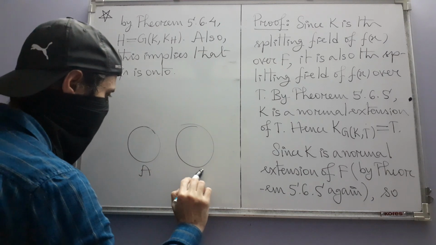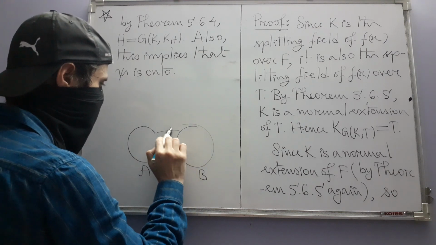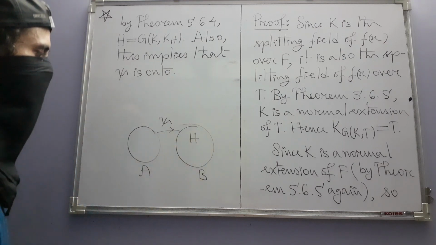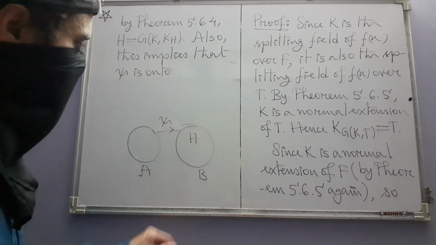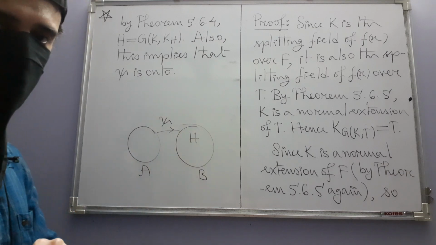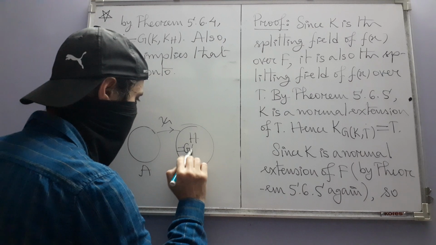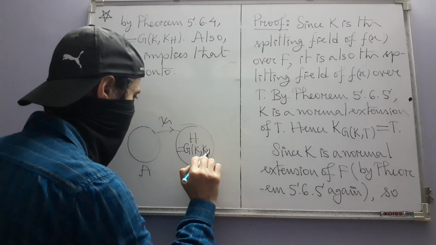How exactly are we concluding that it is onto? This is A, this is B, and this is psi. We have taken H, any subgroup of our Galois group. That means this is any element in capital B. What we have shown is that this is G(K, K_H).